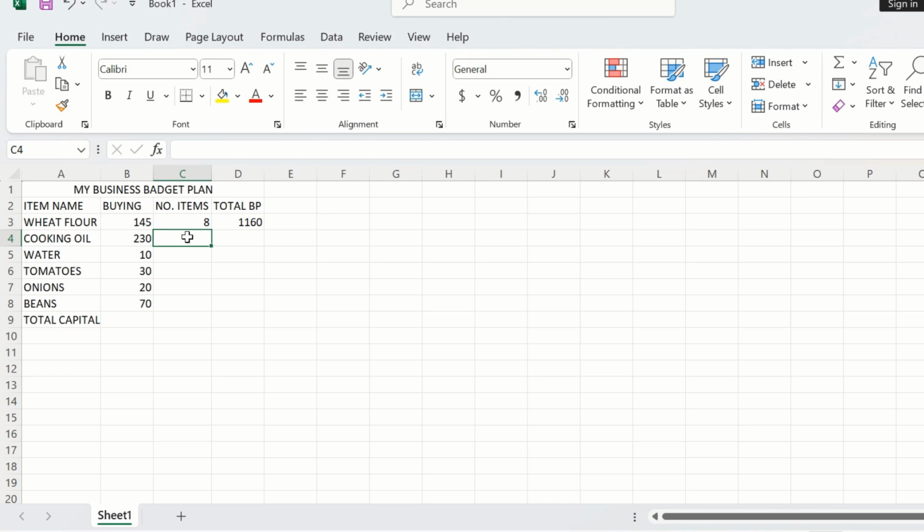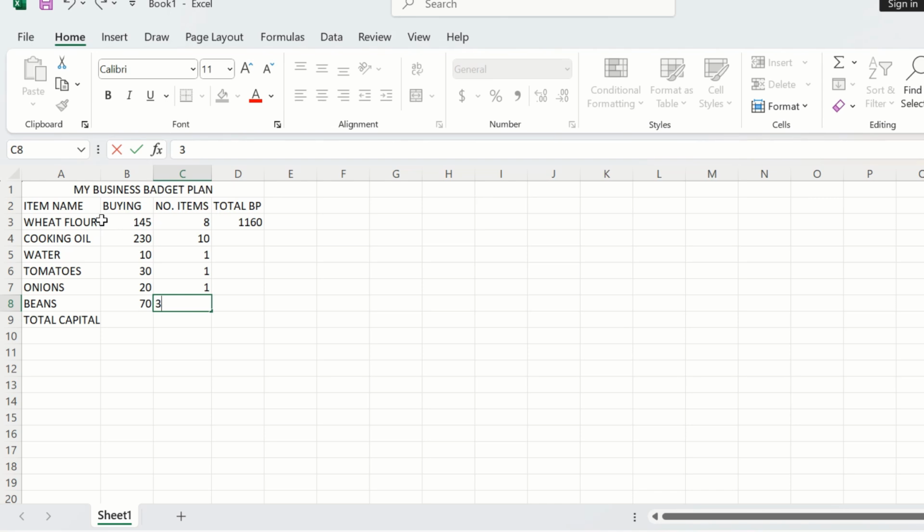Let's say you take 10 liters. So dealing with liters, we say we have 10 items. So water is just one item, tomatoes is just one item, onions is one item, and then the rest is beans.